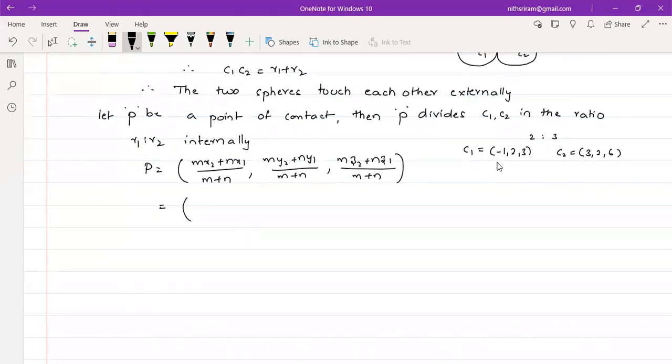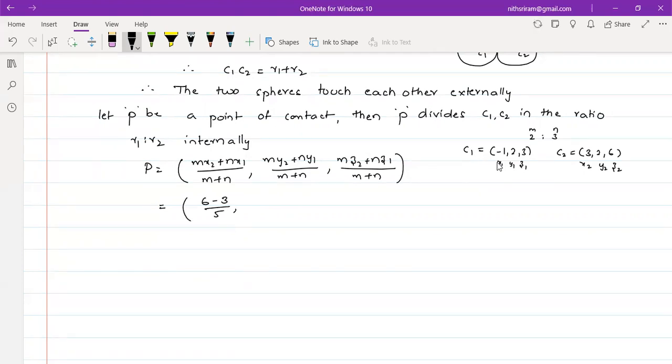So this is equal to, here m is nothing but 2. Treat this as x1, y1, z1, and this as x2, y2, z2, and this is m and this is n. Now I am directly substituting the values in the formula. mx2: 2 threes are 6, plus nx1: n is 3, x1 is minus 1, so 3 into minus 1 is minus 3, by m plus n, that is 5, comma.